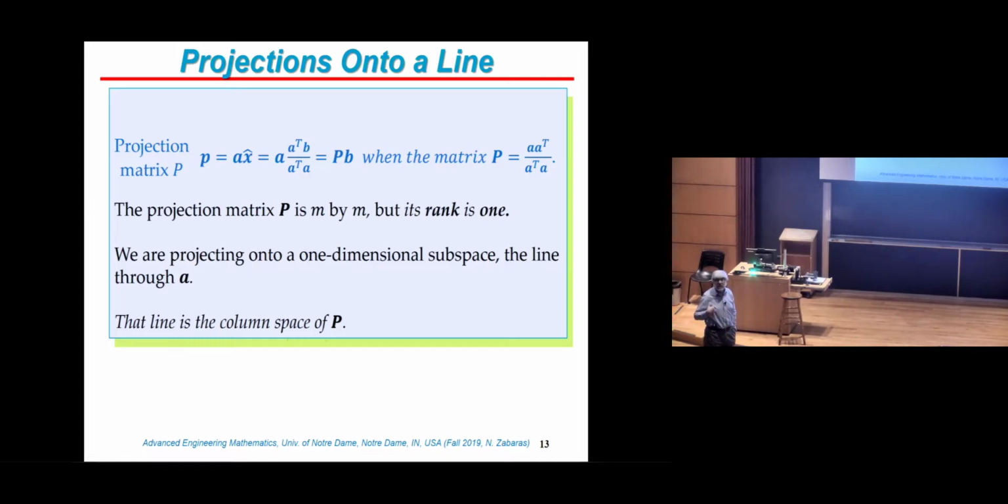This is an extremely fundamental result. And later on, when we try to do approximations of matrices, we will do what are called reduced rank approximations. Very fundamental thing in applications.